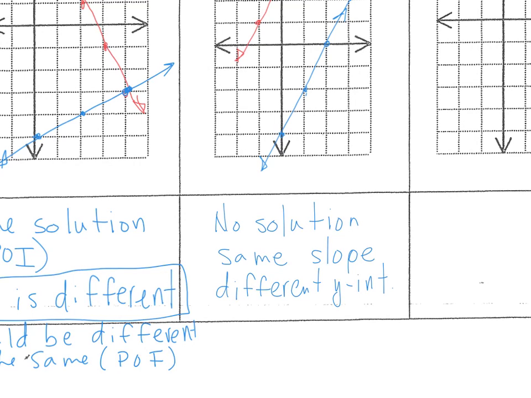If the slopes are the same and the y-intercepts are the same, we're going to look at that situation and see what that is. But if the slope's the same and the y-intercept's the same, actually the line is the same. So it's a different case altogether. So for no solutions, you need to have these two conditions: same slope, but a different y-intercept. It has to be that way. Okay?